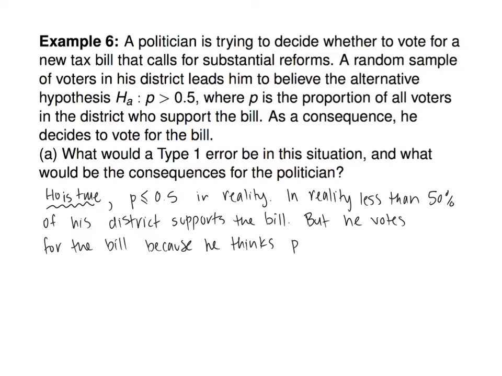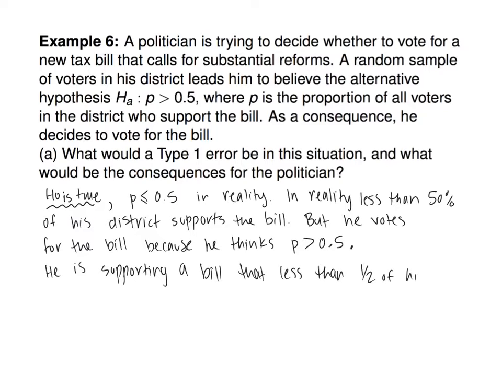Because he thinks that P is bigger than 0.5. Exactly. So what happens here is that he is supporting a bill that less than half of his voters supported.